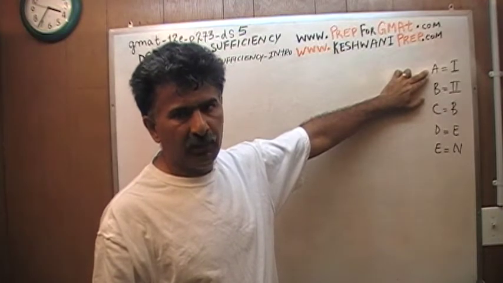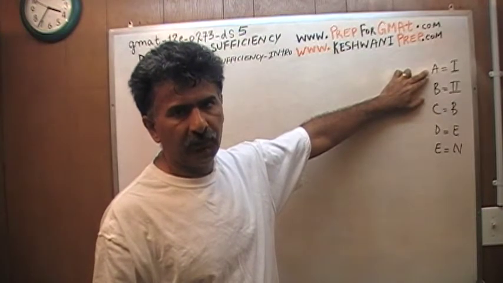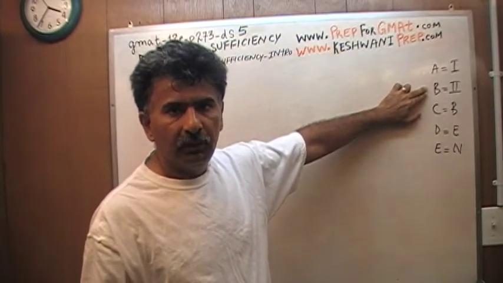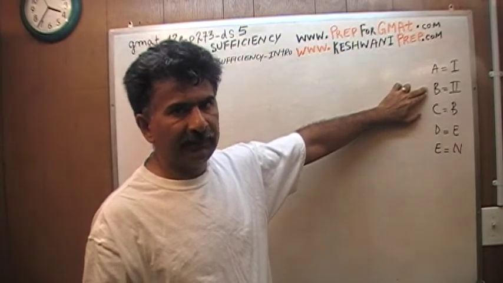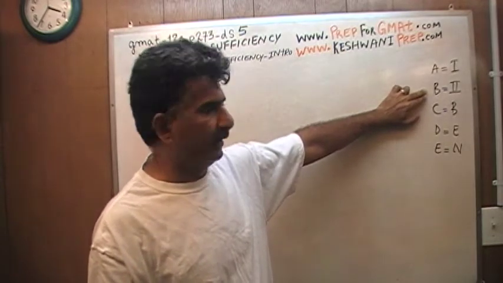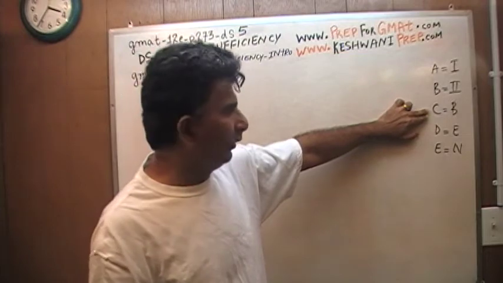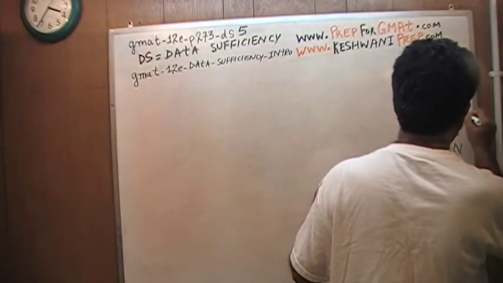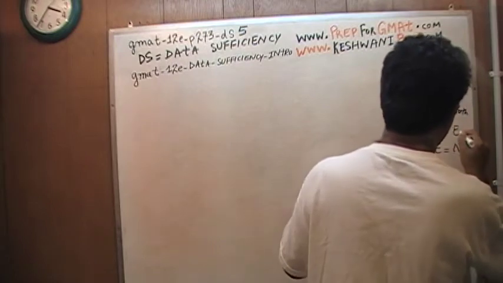Only statement 1 alone is enough to answer the question that is being asked. Letter B means only the second statement by itself is enough to answer the question that is being asked. C means you need both. That's what C is for, both. Either.